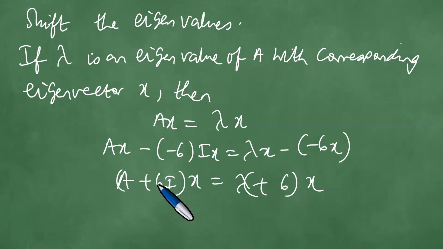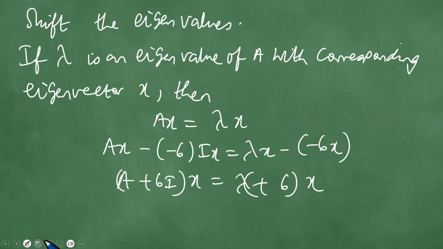We are actually able to transform this system in this particular manner. This transformation is the subtraction of the minus 6x here, where we put the identity matrix because we have a matrix A on the left of the equation.